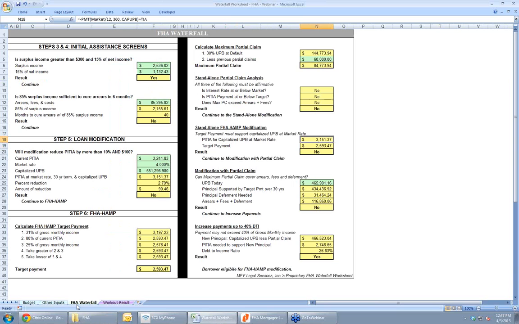So now let's go into the waterfall. You may notice at the top here that we start with steps 3 and 4. We modeled the waterfall off of the sheet that they have as an attachment in the Mortgage E-Letter that announced these new rules. I'm pulling that up right now.